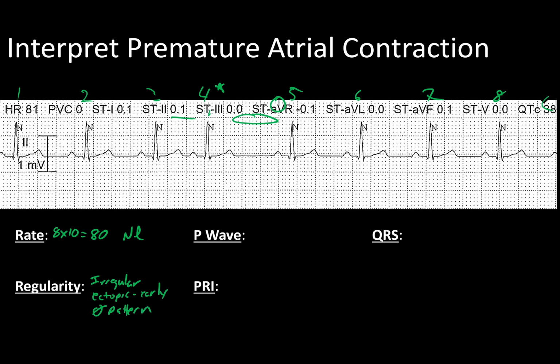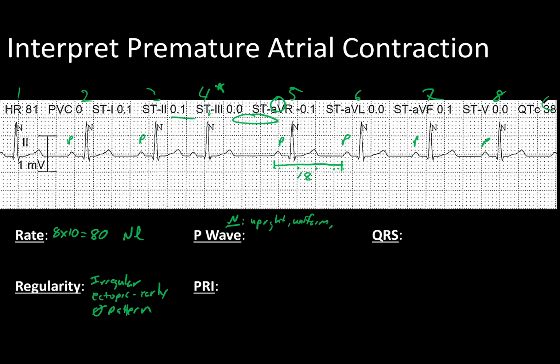What can we say about our P waves? Well, let's look at our normal beats first. We should always ignore the ectopic beat and come back to it afterwards if we can. So that's a normal, that's a normal, that one, even that one, and so on. And it looks like we are upright and uniform. I'm actually doing N for normal. And are those regular? Well, five, 10, 15, 16, 17, 18.